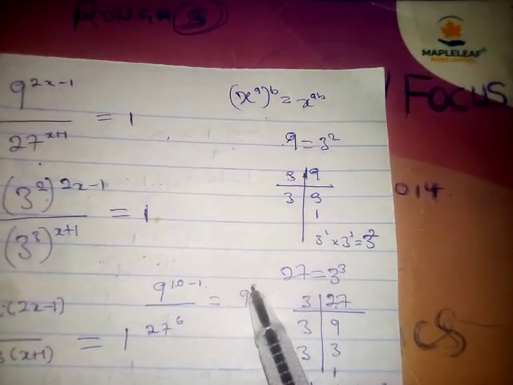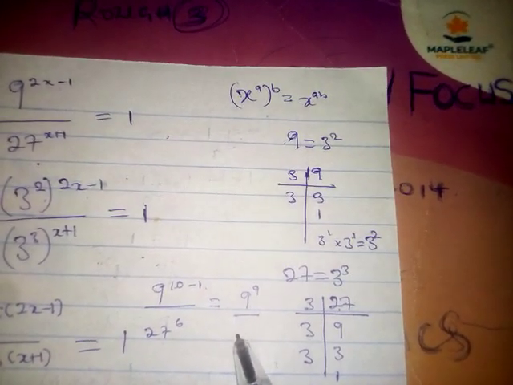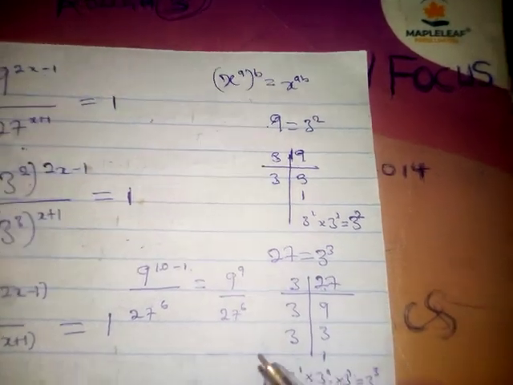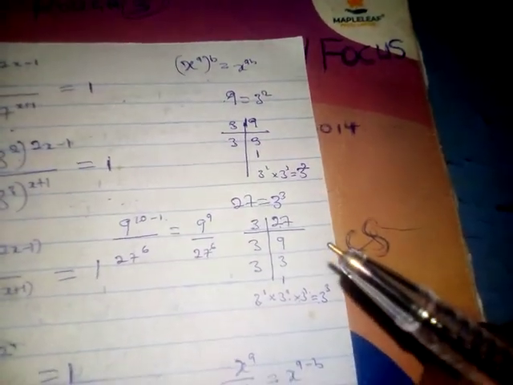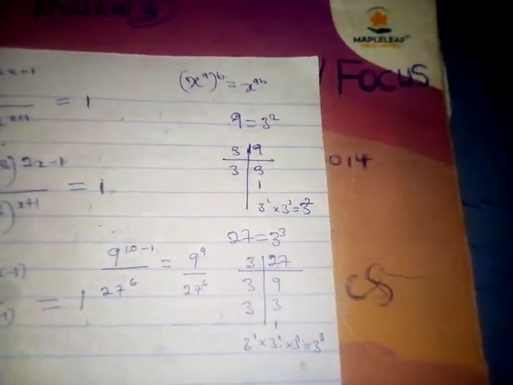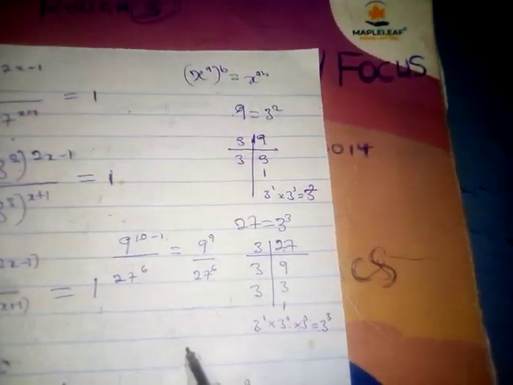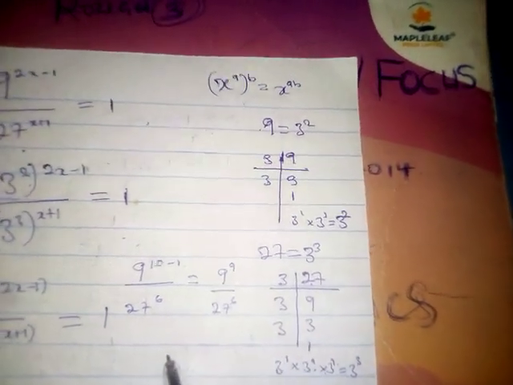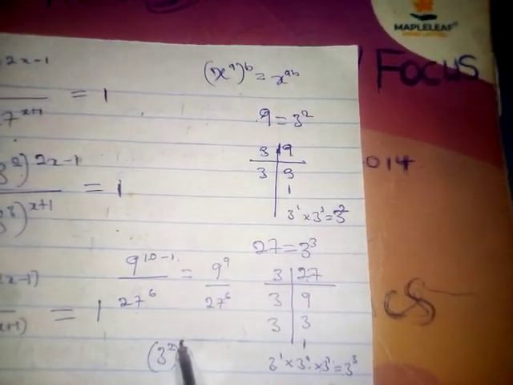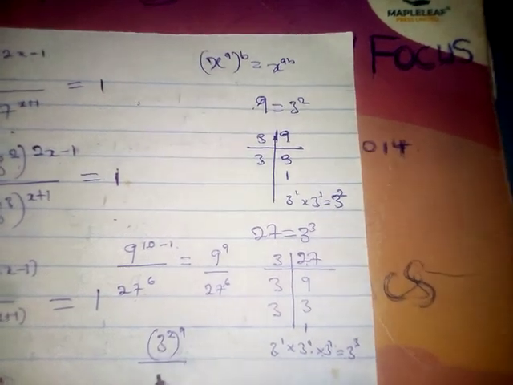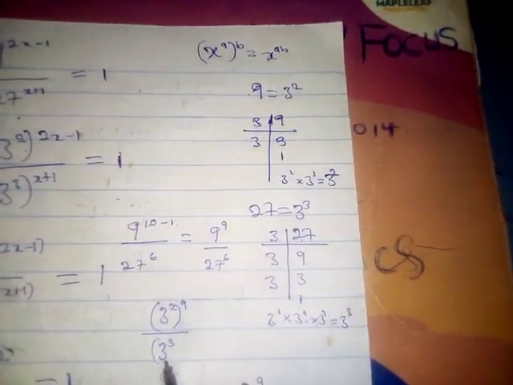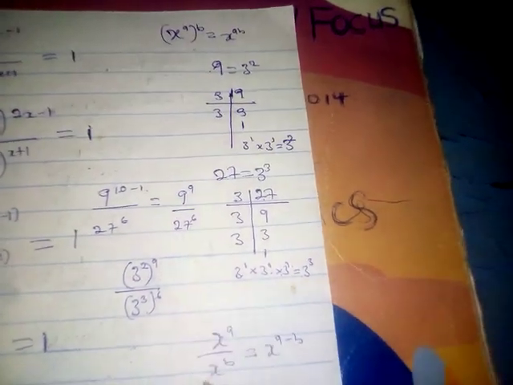This is 9 raised to the power of 9 all over 27 raised to the power of 6. We know that 9 is 3 squared, and 27 is 3 cubed, so this is (3 squared) raised to the power of 9 all over (3 cubed) raised to the power of 6.